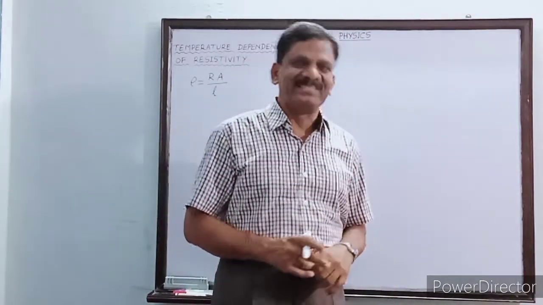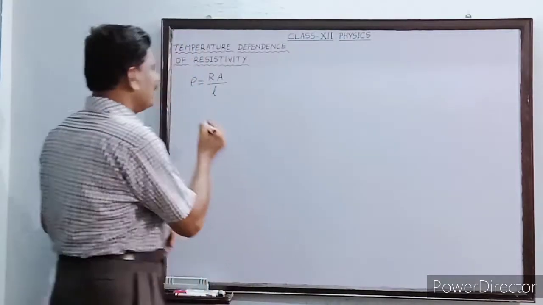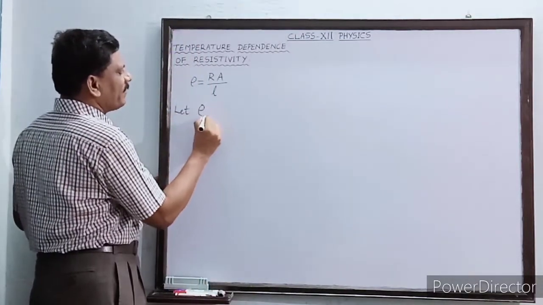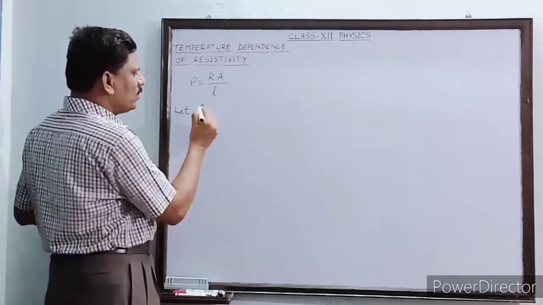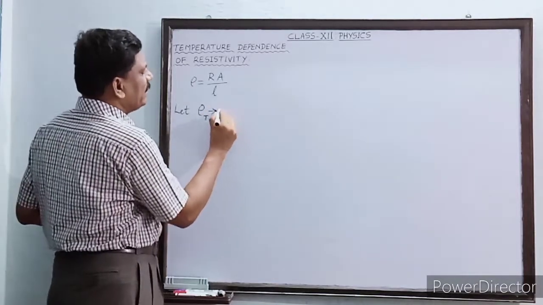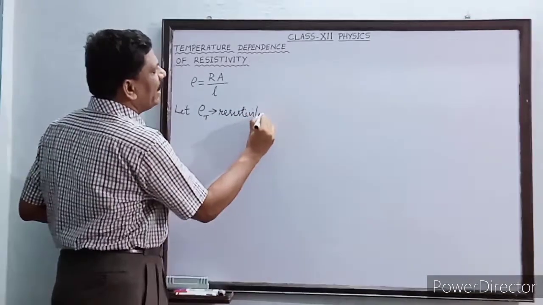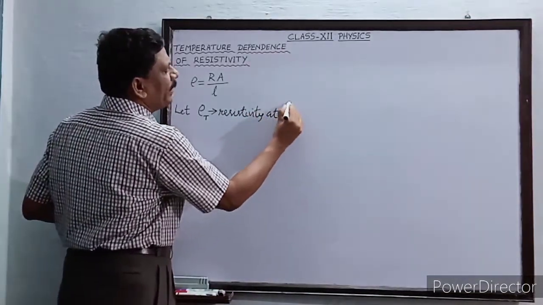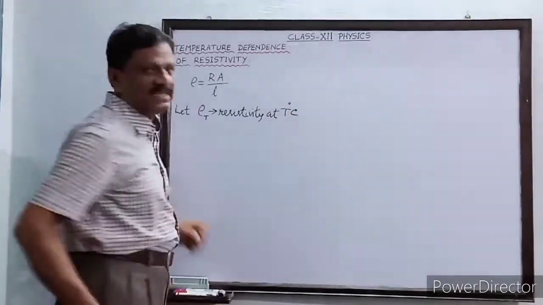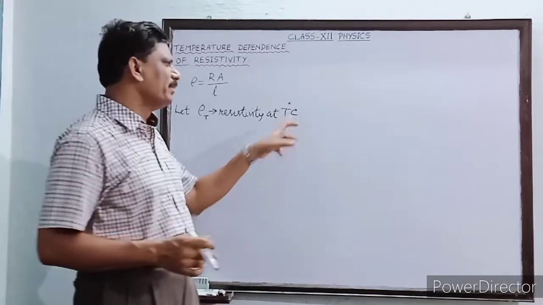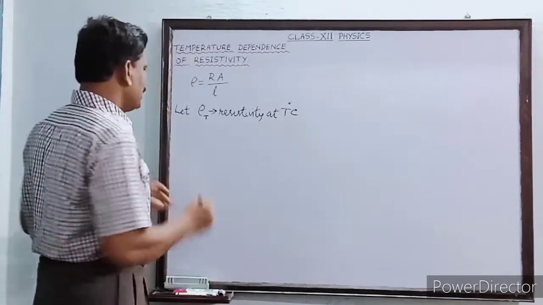For that, let rho suffix T represent the resistivity of the material at a temperature T degree Celsius. At some temperature, T degree may be 80 degrees Celsius or 100, some temperature T degree Celsius.